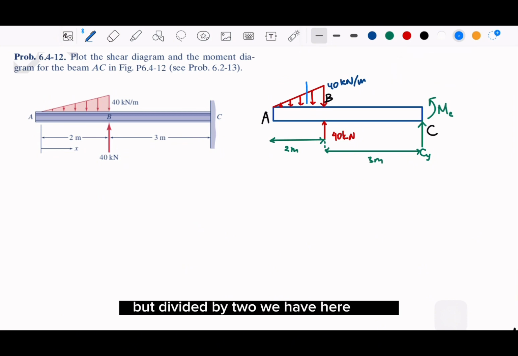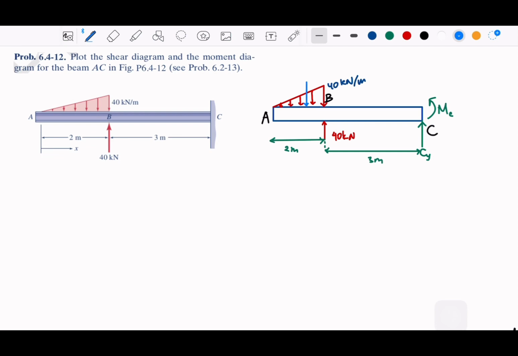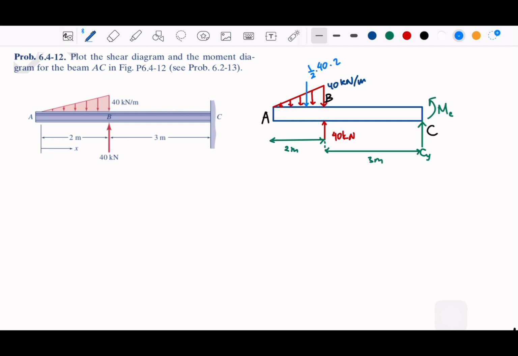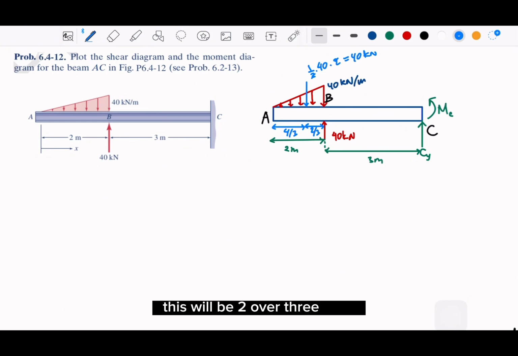Let me write half multiplied by 40 by 2, so this is 40 kilonewton. And this will be 1 over 3 of 2, or 2 over 3, so this will be 4 over 3, and this will be 2 over 3. Okay, I think we get all set up.